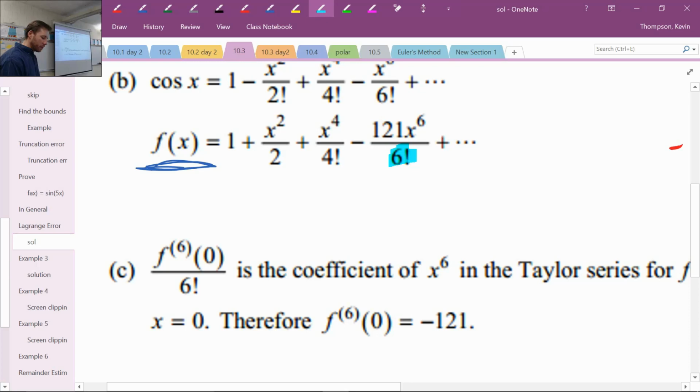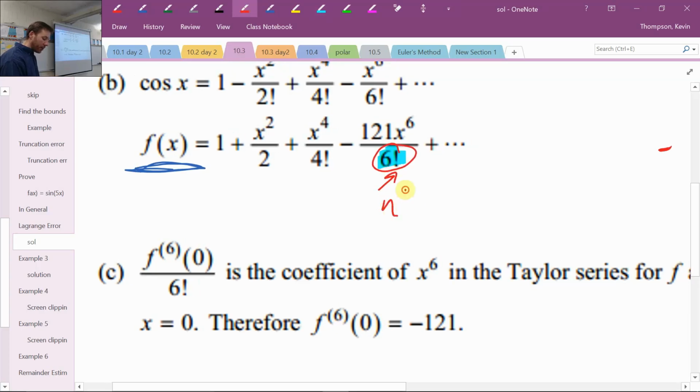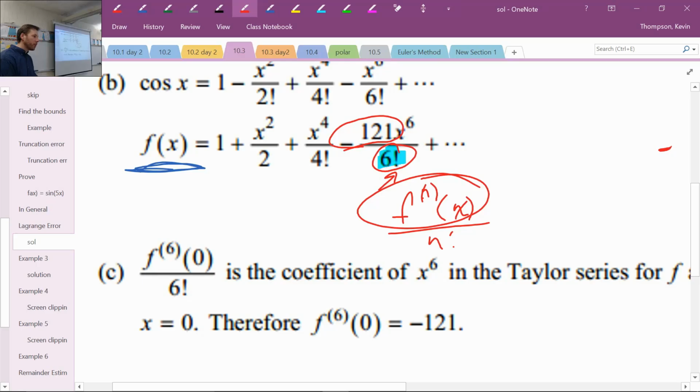Because that's part of the Taylor polynomial formula. It's not part of the derivative. Yes, exactly. In fact, when you're making that Taylor polynomial, isn't there always this n factorial, where you evaluate the nth derivative at whatever that x is, but then you divide by n factorial? So you can just look here and go, okay, it must have been minus 121.